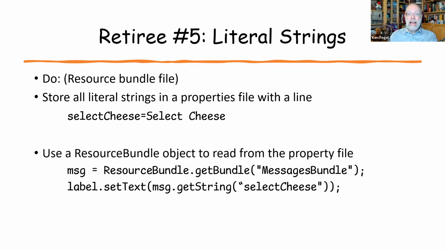The bundles are named with the standard locale identifiers. In Canada, I think it's CAEN or CAFR, depending on whether it's English or French. We've got to get the word out. We have to stop using literal strings. We've got to retire them.